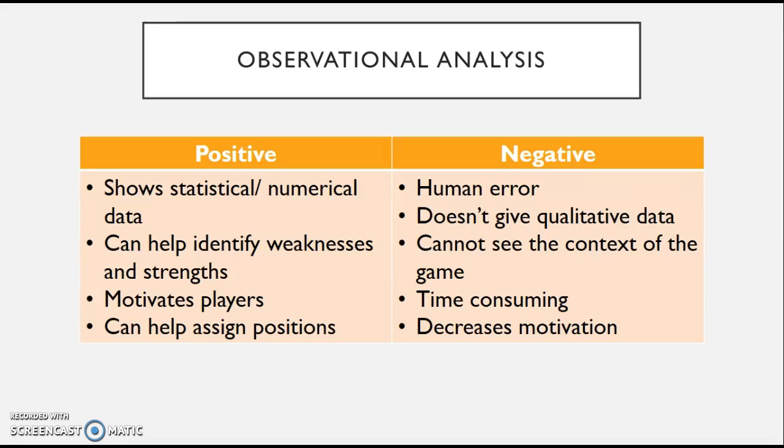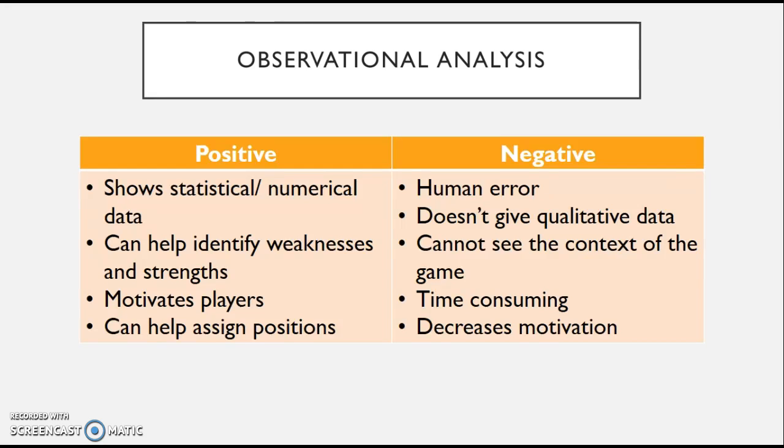So next to it we have negatives. Negative is there may be human error unless there's specialized equipment. It only gives quantitative data and there's no qualitative data, so it only gives numerical data, not descriptive data. It cannot be taken into context, so it cannot take context into consideration.